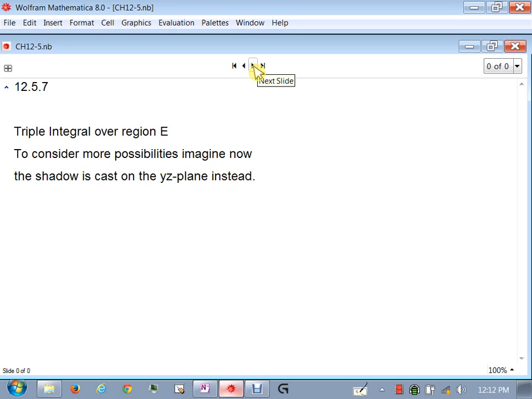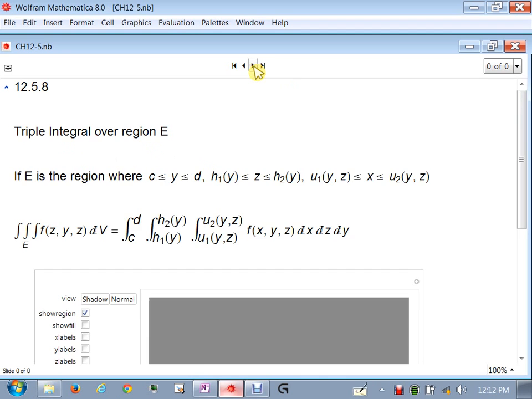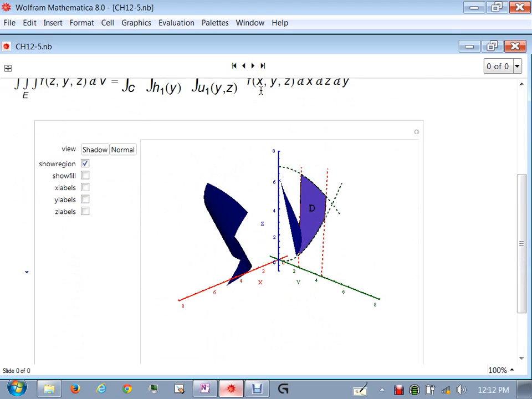Why did I cast the shadow on the ground? Why not come in with the light from another direction, like the y-axis, and cast the shadow onto a different side? So imagine that you have a solid here. Here's your x, your y, and your z.